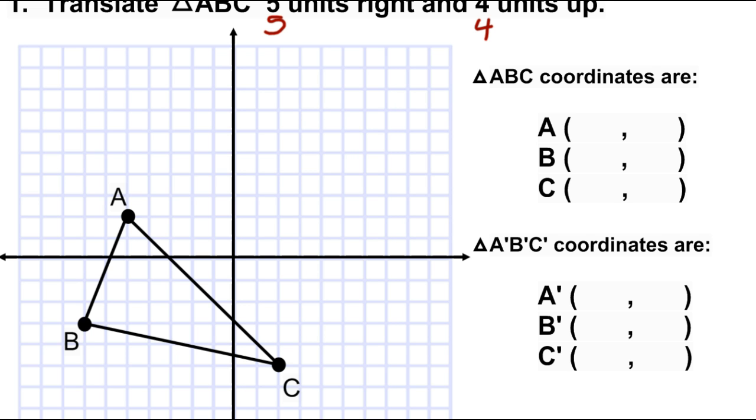Jeanette, go write the coordinates of A. Philip, go write the coordinates of B. And Catherine, go write the coordinates of C. Go when you're ready.